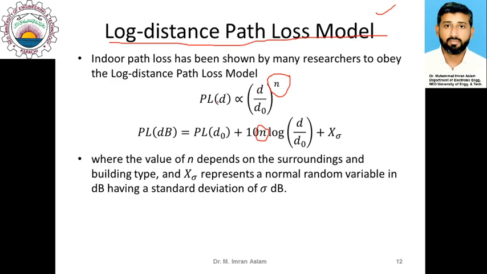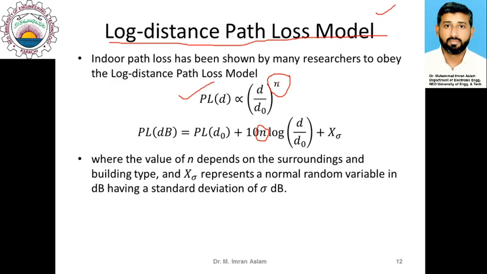So the path loss that you encounter with the log distance model depends on the distance raised to the power of a certain path loss index n, where n is sometimes calculated on the basis of measurement. We did a problem previously for outdoor measurements and calculated n in that problem.